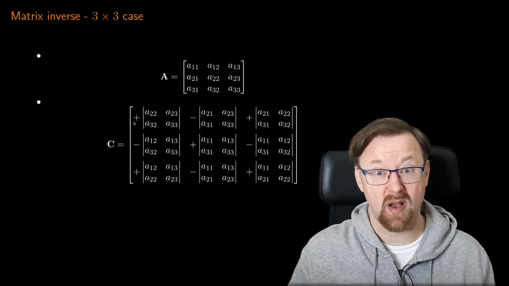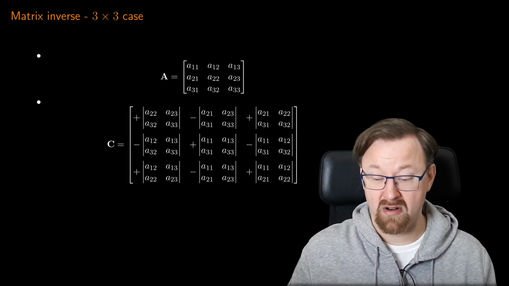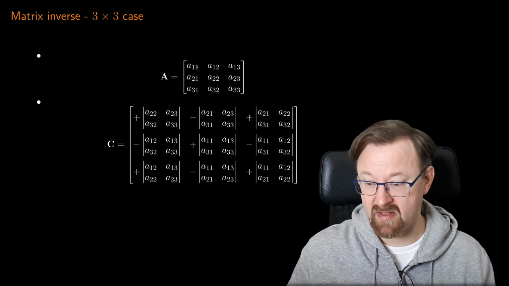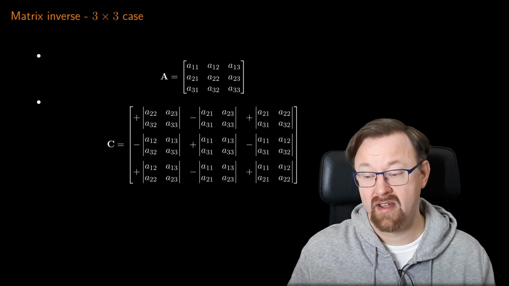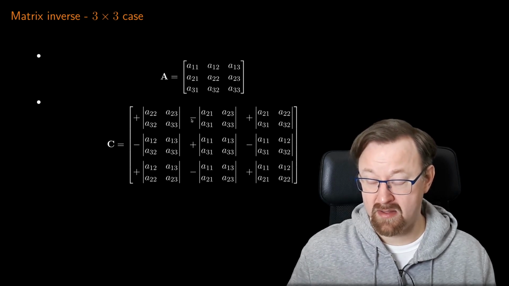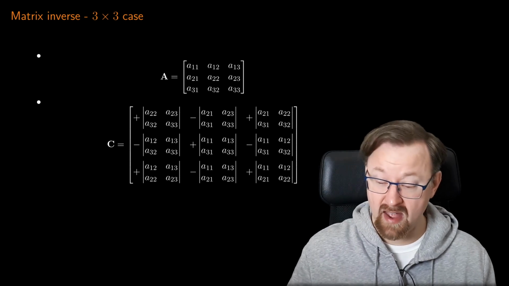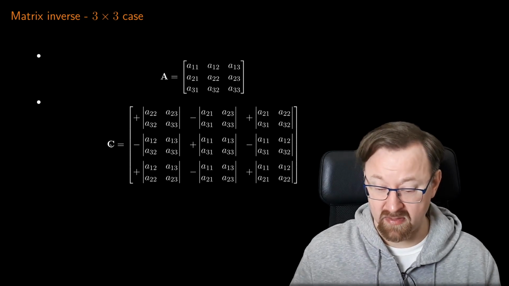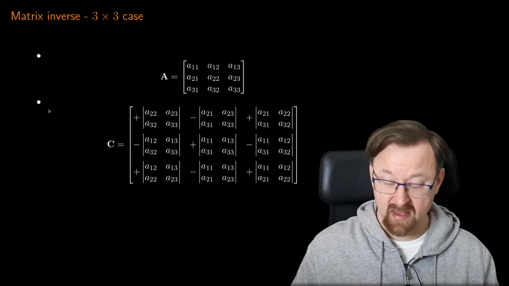So this is a sub-matrix, or a cofactor matrix of A, and it corresponds to this. So we're replacing the element A11 with this submatrix here, okay? And then we have minus the determinant of A21, A23, A31, A33, and so on. You can see how that comes together to create the matrix of the cofactors.